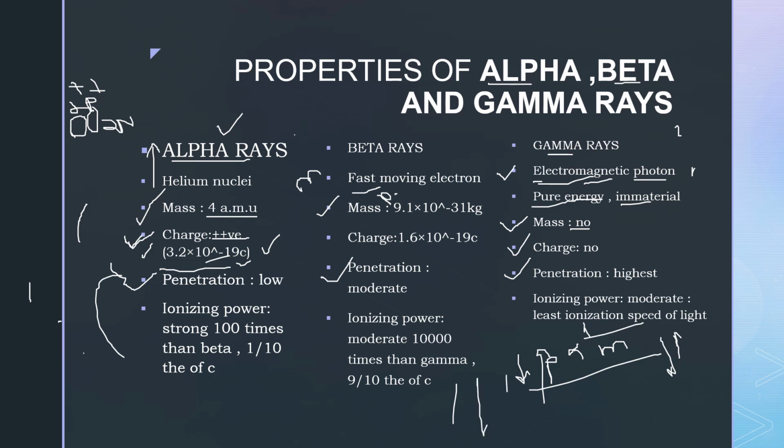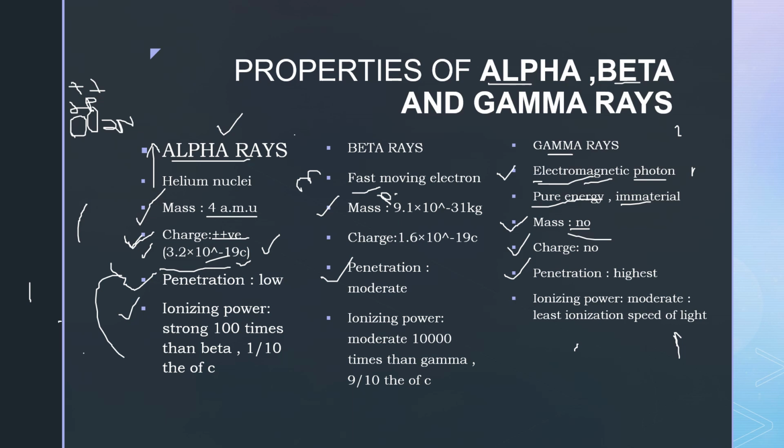Just see, these are 3 layers in which this is the thinnest, this is thicker, this is the thickest. When alpha rays pass through, they will only reach here and fall down. Compared to that, beta rays will go further and then fall. But gamma rays will pass through all of these because they do not have any mass.